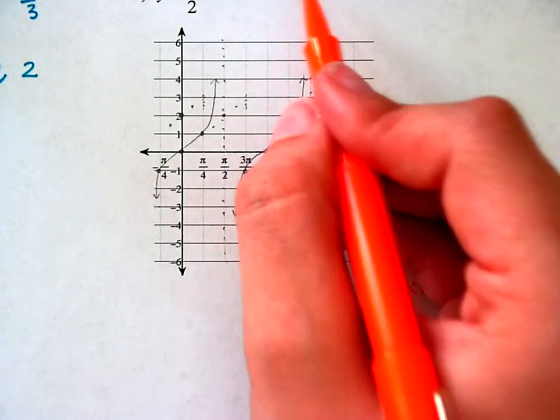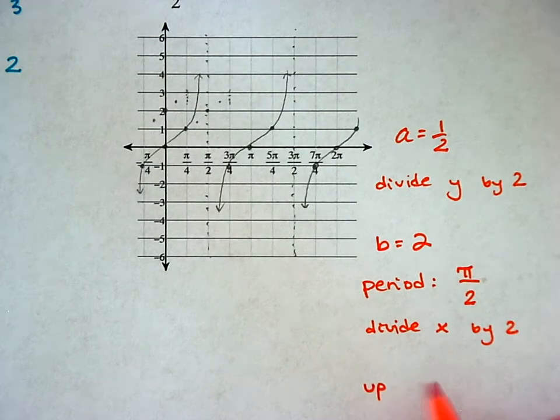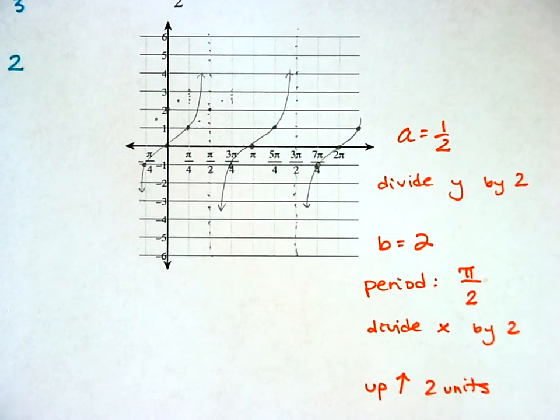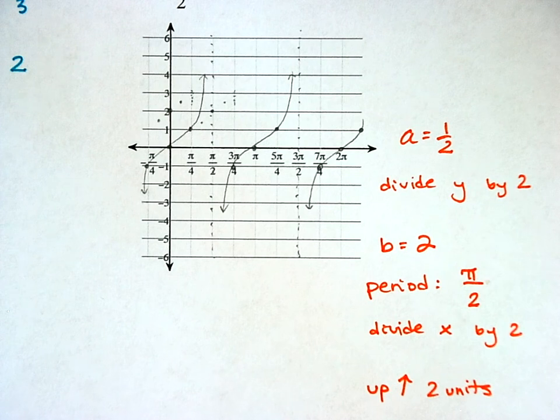And then the last transformation I have is this plus 2. So that means we are moving up 2 units. Okay, so basically 3 transformations I've got to deal with here. I'm going to slide or translate my points, and then I will see what happens from there.